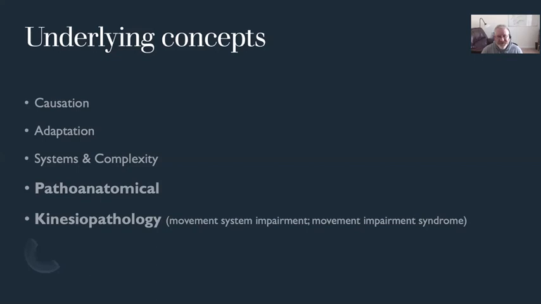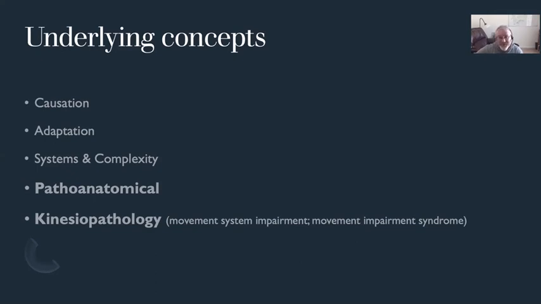Systems and complexity will become more apparent as we start looking at these other major concepts that are particular to patient-client management 3. Really, you started to learn about these pathoanatomical conditions all the way back in physiology, when you were learning about the inflammatory process, and in musculoskeletal conditions, you learned more about those.